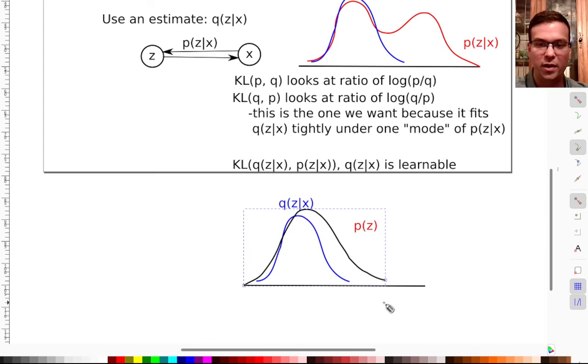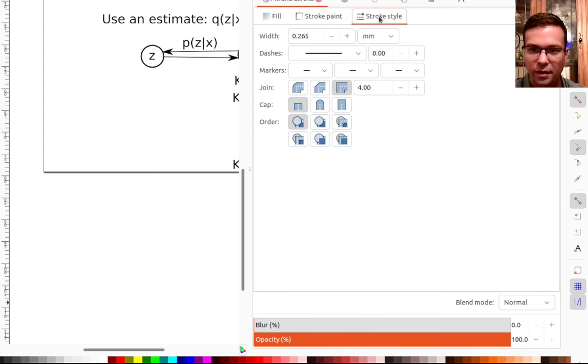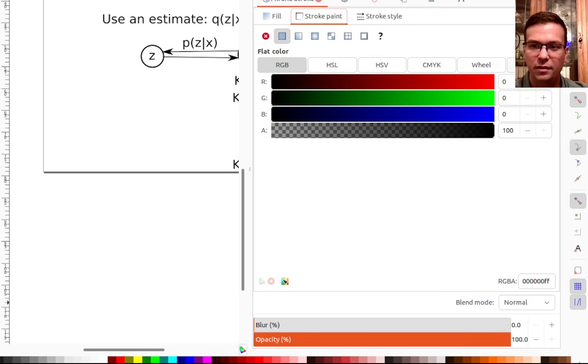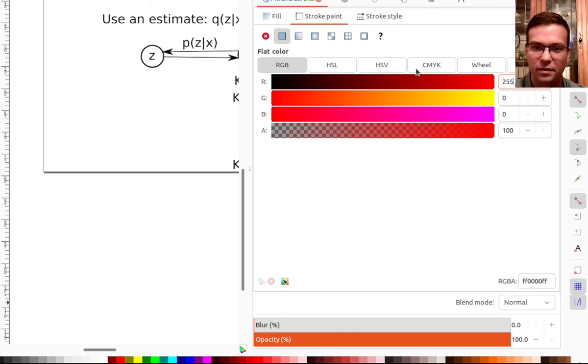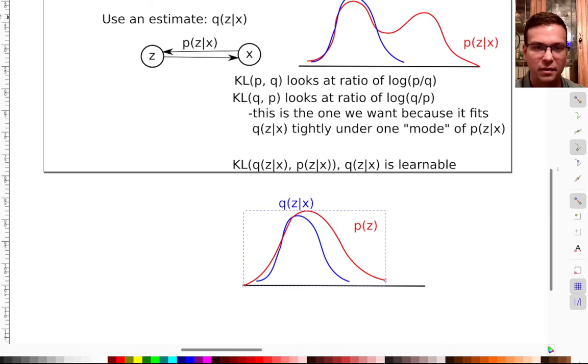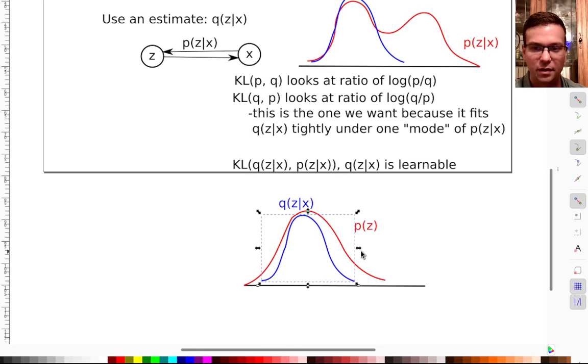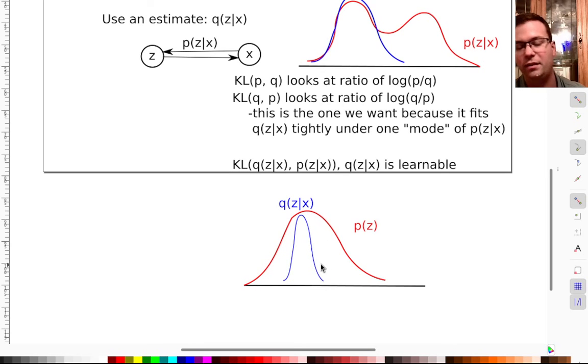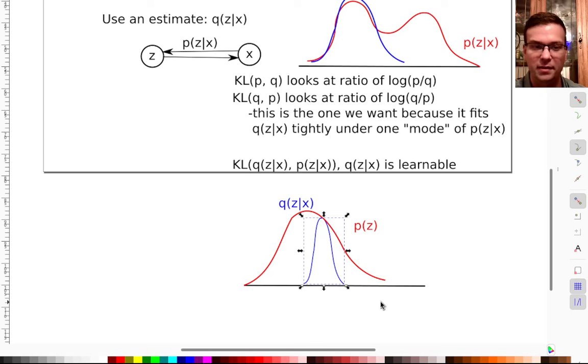So here is our prior. I'll draw it in red. And that is something that we're going to fit our posterior likelihood underneath. So the posterior likelihood could be pretty tightly concentrated around a particular z. And that's fine. It just has to be underneath this.